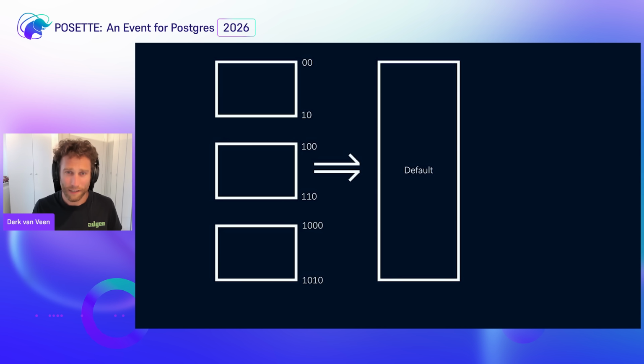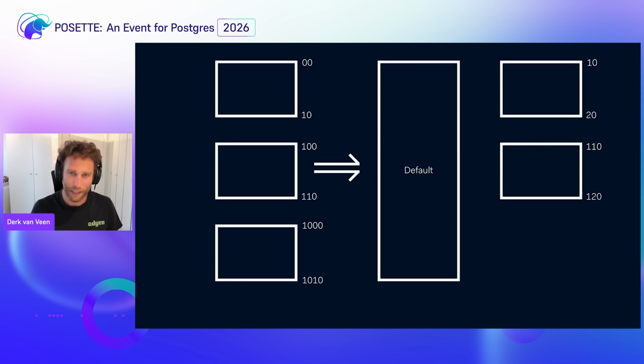Well, I created this big table. I made it my default partition. That means I can have a constraint that is not all of the other constraints, right? And on top of that, I added a check constraint saying all data in this default partition will be between 0 and 10, between 100 and 110, and between 1000 and 1010.